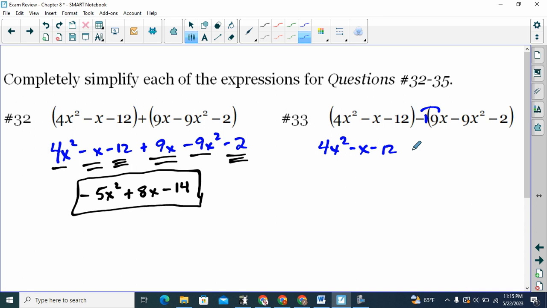So negative 1 times 9x, that's negative 9x. Negative 1 times negative 9x squared. Negative times negative is positive 9x squared. And negative 1 times negative 2 is positive 2.